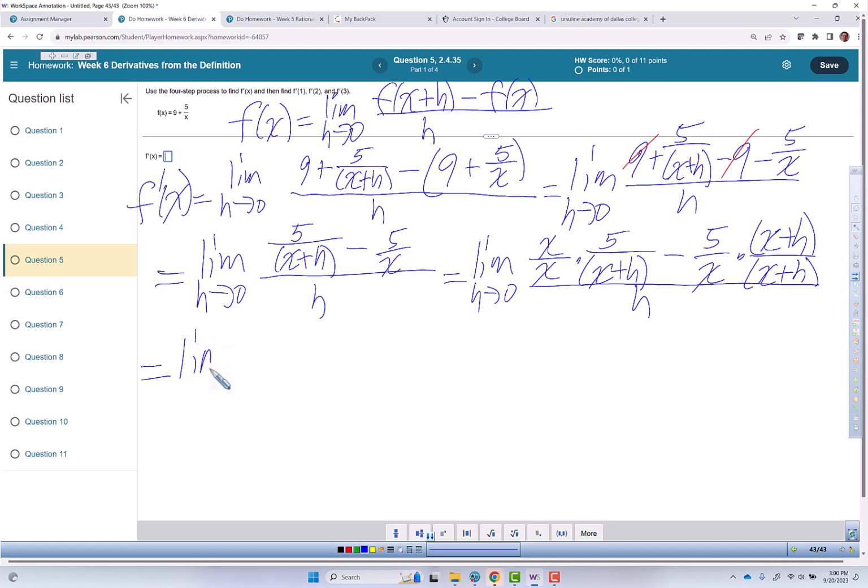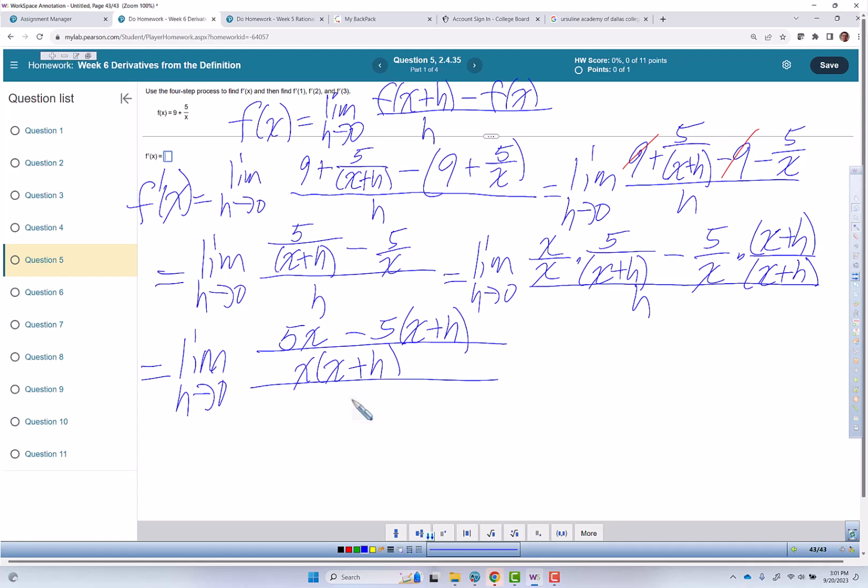So this gives us the limit as h approaches 0 of 5x minus 5 times x plus h. And since this is a common denominator now, x times x plus h all over h.